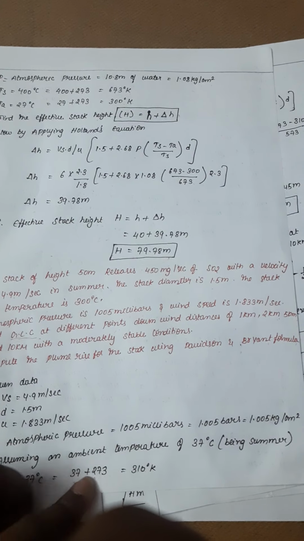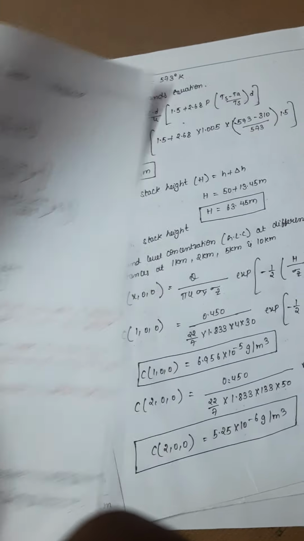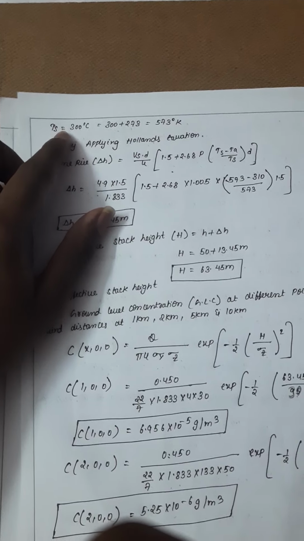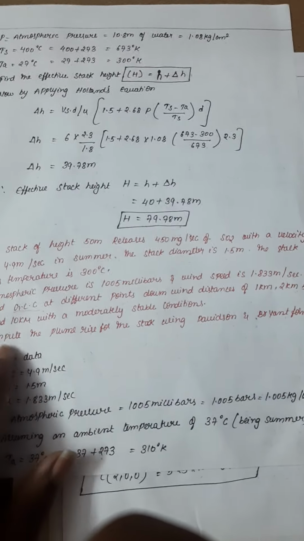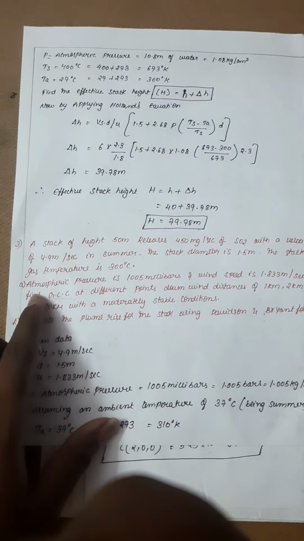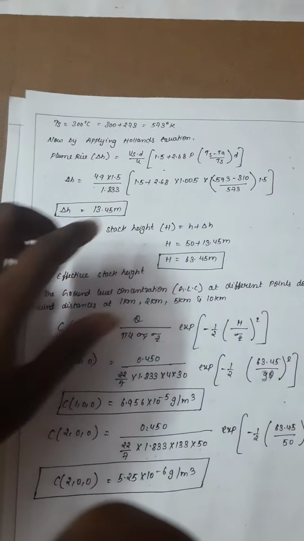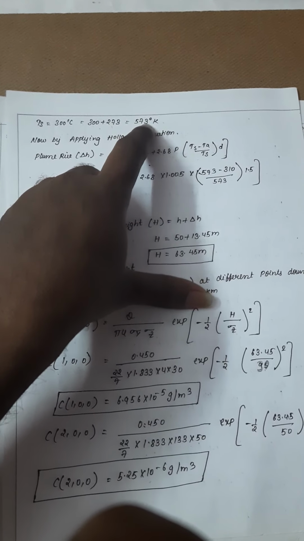So 37 degrees Celsius I converted into kelvins, 310. Next, 300 is given in the question itself, that is the stack gas temperature of 300 Celsius. Adding 273, totally it will be 573 kelvins.